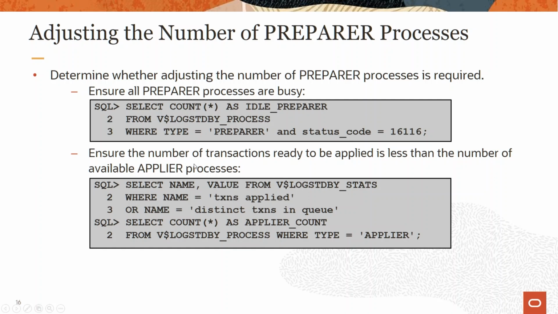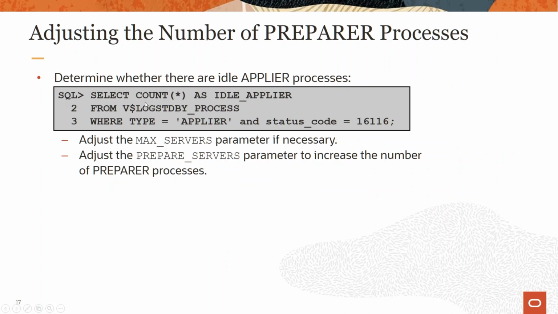And also you ensure the number of transactions ready to be applied is less than the number of available applier processes. So you will have to balance the number of transactions and the number of available applier processes as well. And you determine whether there are idle applier processes or not.